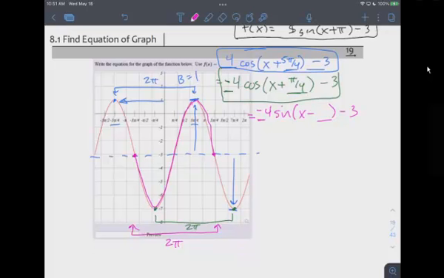A negative. And what is my phase shift here? 3 pi over 4 to the left, so minus a minus gives me negative 3 pi over 4. Okay, so based on what you see in this graph, and where the intersections are, where you can see the things that are labeled, these would be the 3 options that you have.